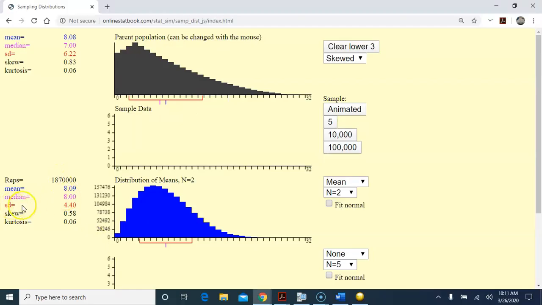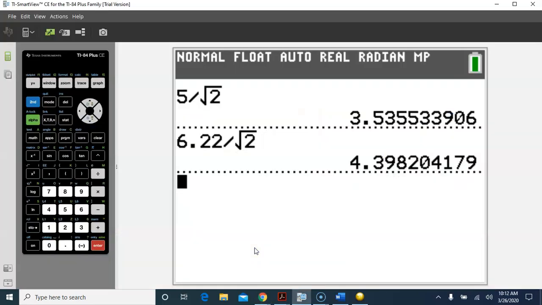And so the standard deviation of our x bars is 4.4. So those 2 formulas are still working, but because the population is skewed to the right, the distribution of x bars is also skewed to the right. So that kind of kills us if we're attempting to use the normal distribution.